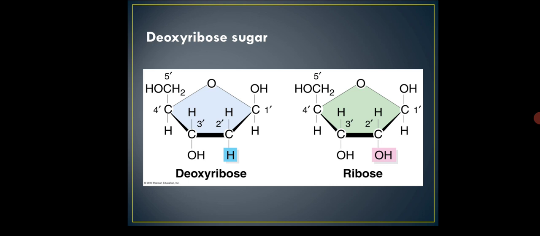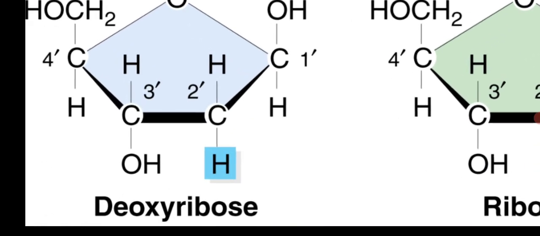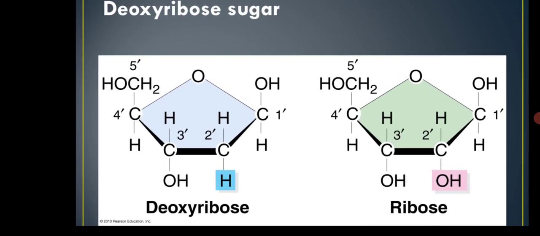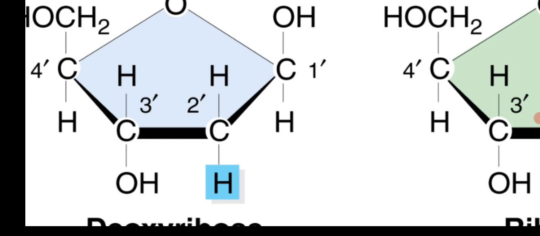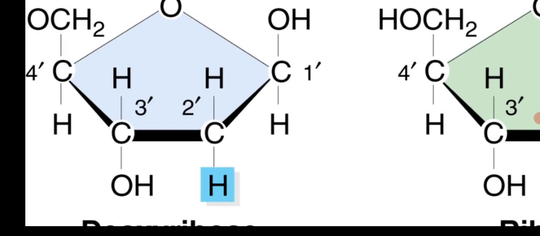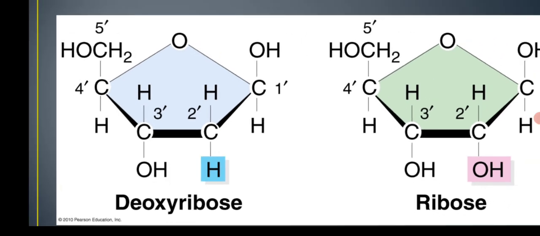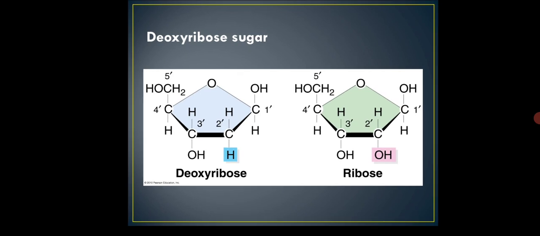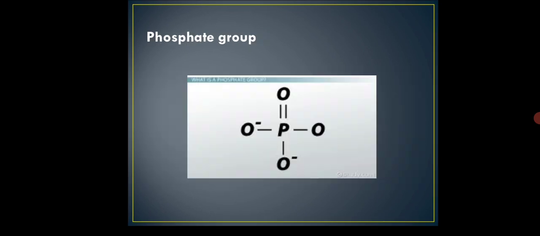That second carbon does not have oxygen, due to which this ribose sugar is called deoxyribose sugar, because of the absence of oxygen on the second carbon atom of the sugar. That's why it is called deoxyribose sugar. Next one is the phosphate group.